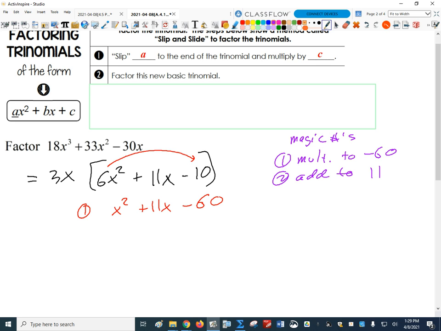Okay, so then we end up with, in step 2, we know we've got our x's there, right? But our magic numbers were, what'd you guys tell me? Oh, you didn't tell me what they were yet. What are they? So we know we're getting a positive and a negative. Now, what are the numbers that multiply to negative 60 and add to 11?